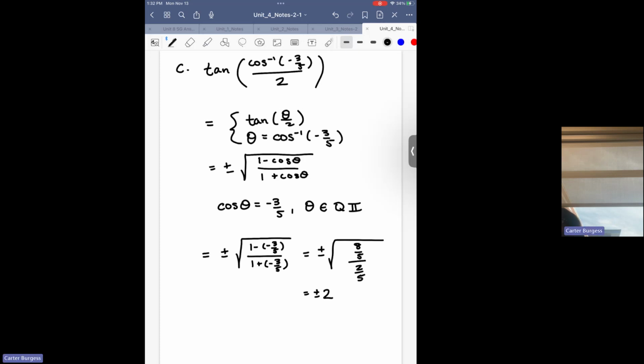So what do I need to know in order to resolve the positive or negative? The quadrant of what? The original angle of theta over 2. Okay. What do I know about theta? We said theta lives in quadrant 2, which means what is the maximum value that theta could possibly be?